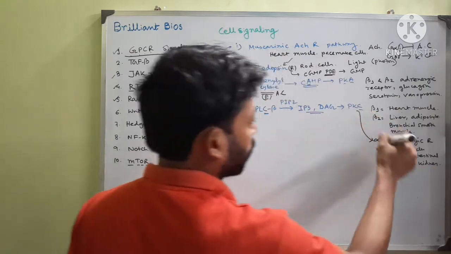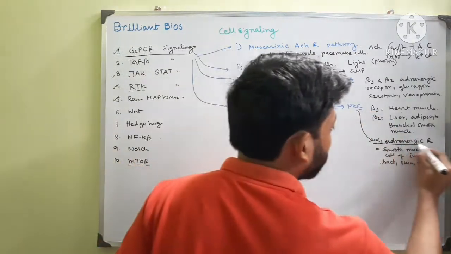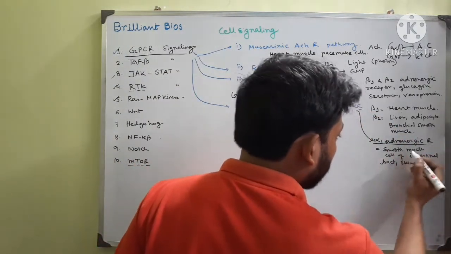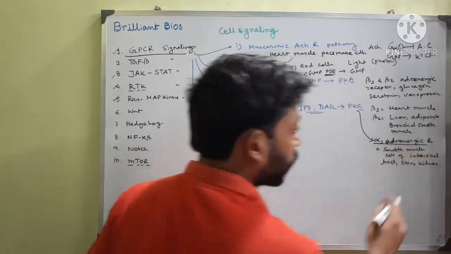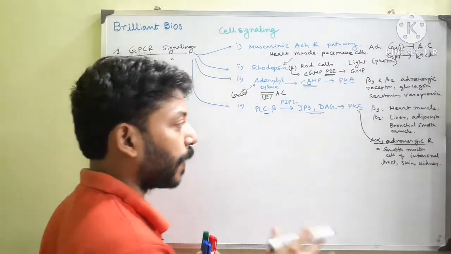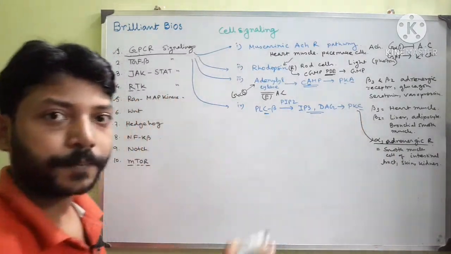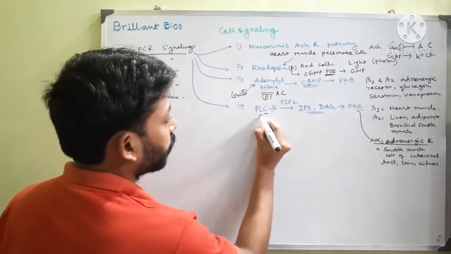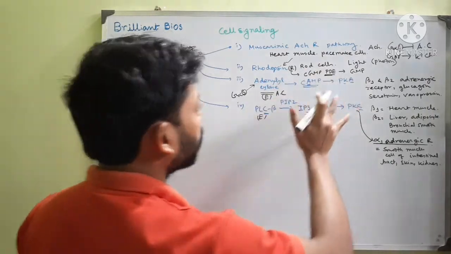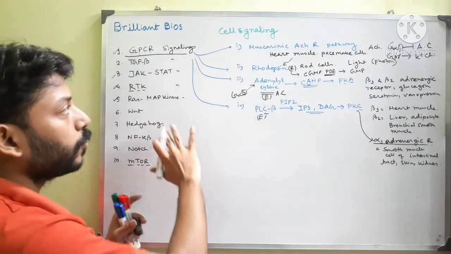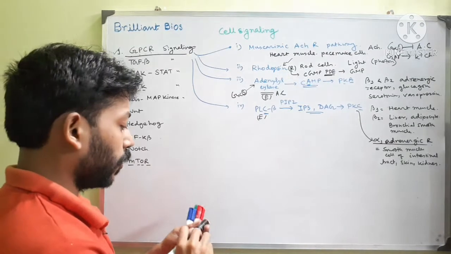So these receptors are present in these cells, and when alpha 1 adrenergic hormone or epinephrine binds with this receptor, they activate a different signaling. You can see here the effector is different. So everywhere this effector is different. I will show you in more detail in the next video.